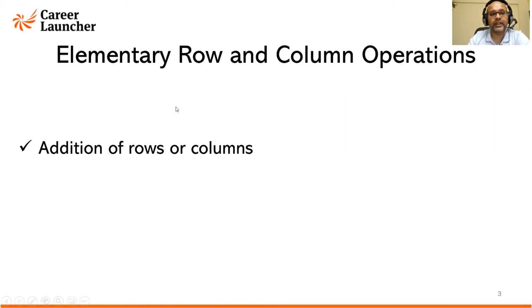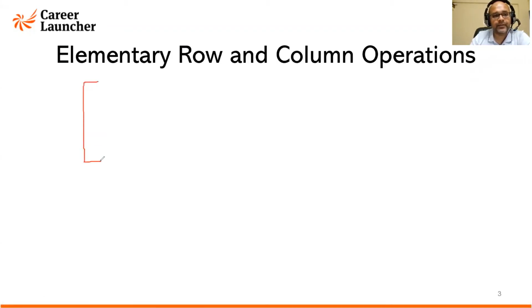Now, what do I mean by this? It means, let us say I have a matrix whose first row is 1, 2, 5. The second row can be, let's say, 0, minus 1, 4, 3, minus 2, 6. Now, addition of a row to a row can be done, or addition of a column to a column can be done.